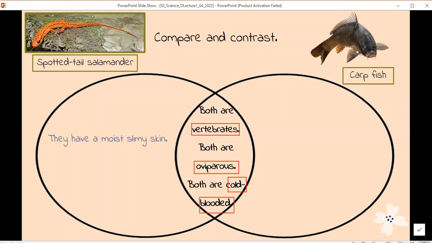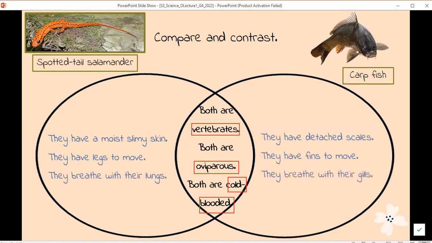What's the difference between a salamander and a fish? Salamanders have a moist, slimy skin, while fish have detached scales. Salamanders use their legs to move.